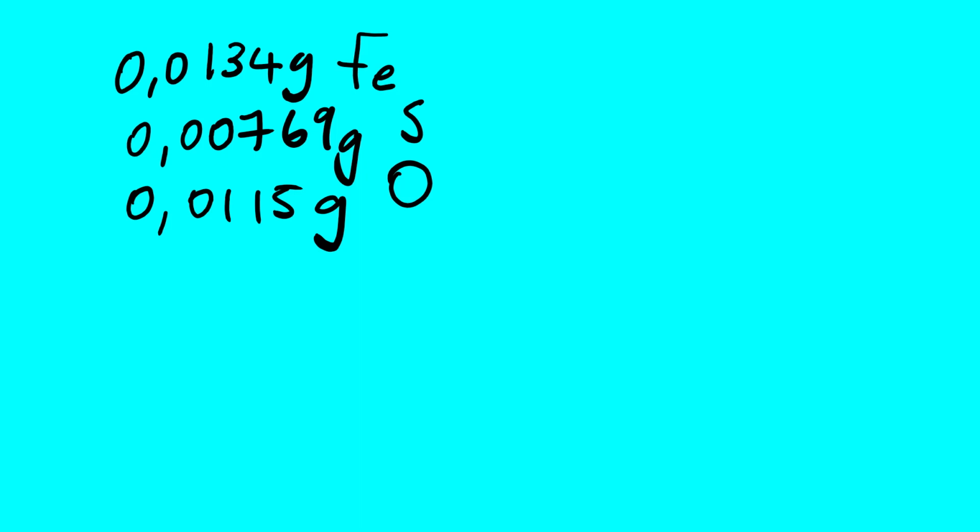In some of the questions, the masses will be given in terms of percentages. We have steps on how to calculate the empirical formula. Suppose you are given the masses in terms of percentage. The first step is to convert percentage to grams. And then from grams, you calculate the number of moles for each element.